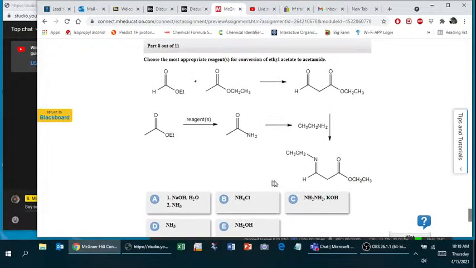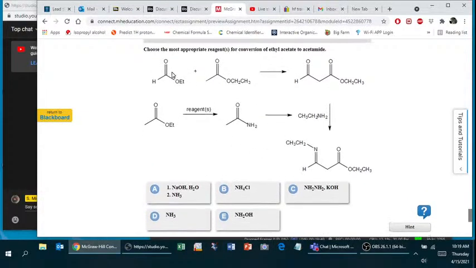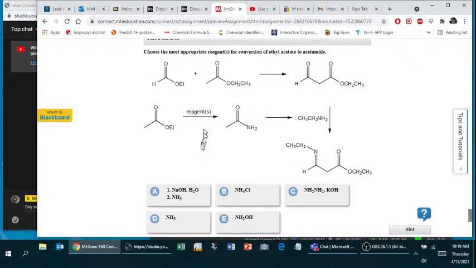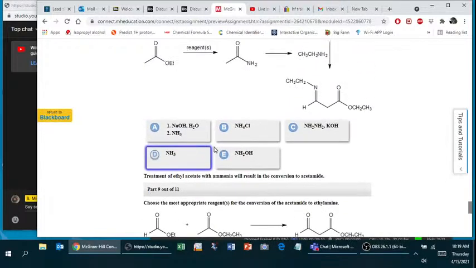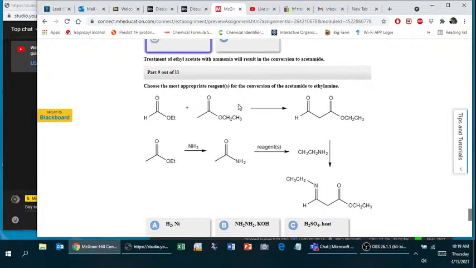Choose the appropriate reagents. So we're going to convert the ethyl acetate to the acid amide. This we're going to want to be careful with. I'm going to go with ammonia. Yep. So ammonia will attack the carbonyl and give you that compound.